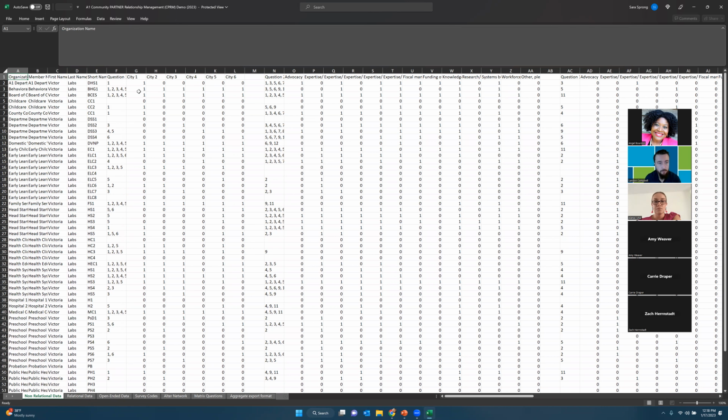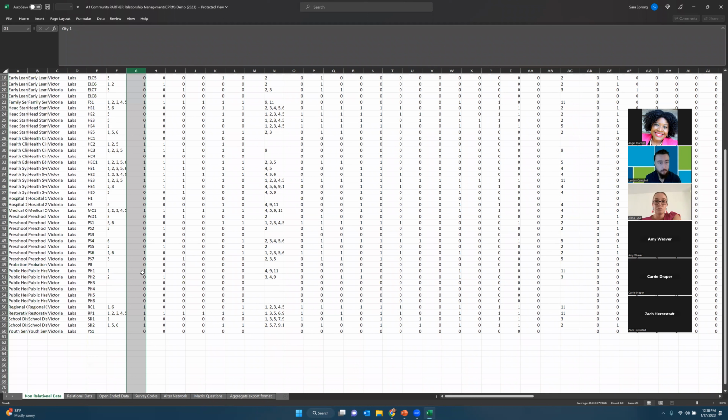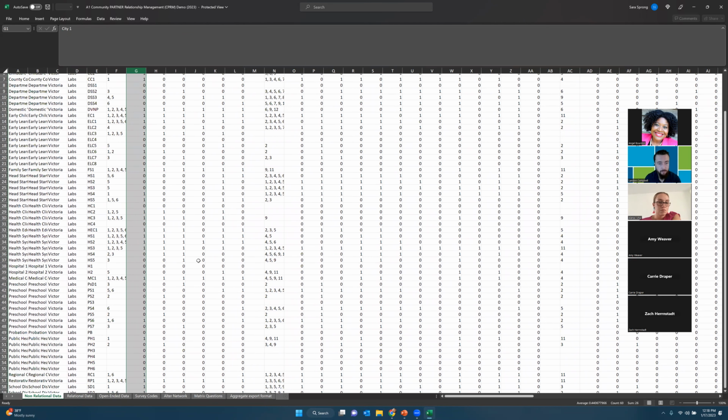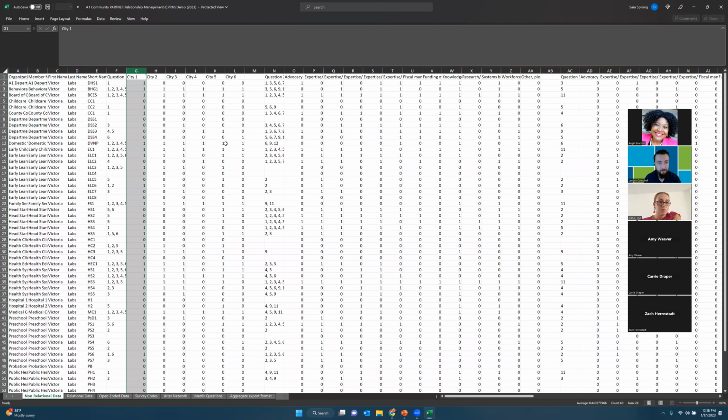Those are found here with an easy setup, so that if you wanted to do averages or sums, you're able to do that. You can also easily export it out and put it into something like SPSS or SAS if you wanted to do correlations or different statistical measures that way as well.